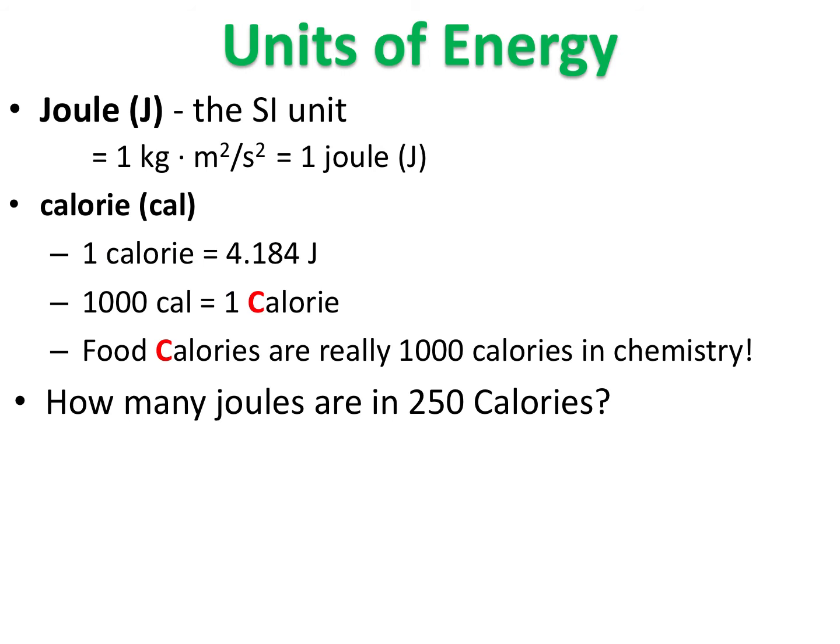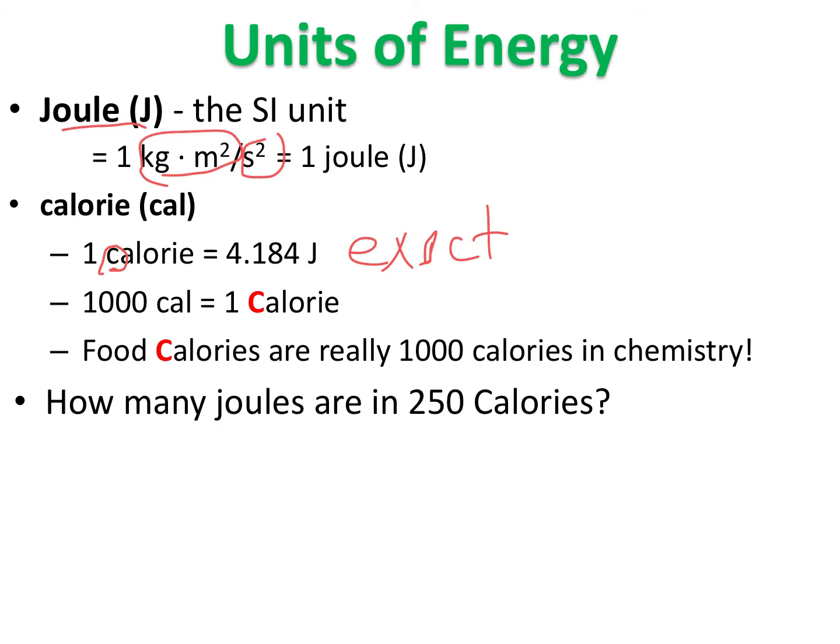Units of energy. The SI unit of energy is the joule. It is a derived unit with an underlying set of units of kilograms times meter squared divided by second squared. The calorie with a lowercase c is equivalent to 4.184 joules, and it is exact.